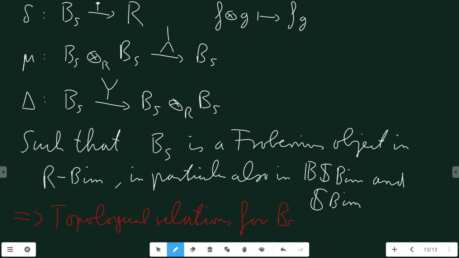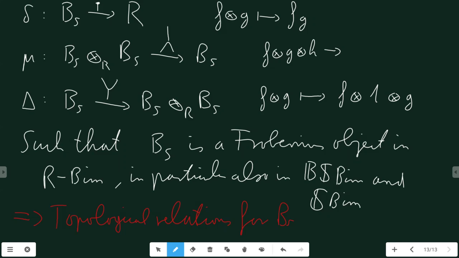And for that, I just need to write them down in coordinates. It's not so bad. It looks like this. So F tensor G tensor H actually goes to, and here you have an F tensor G goes to. I will comment on that in a second.